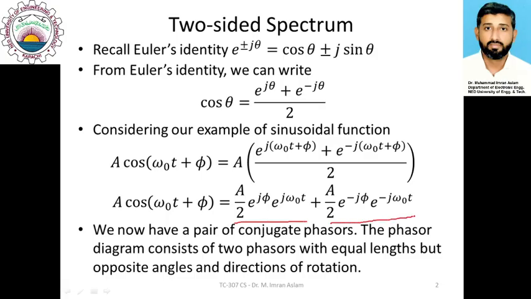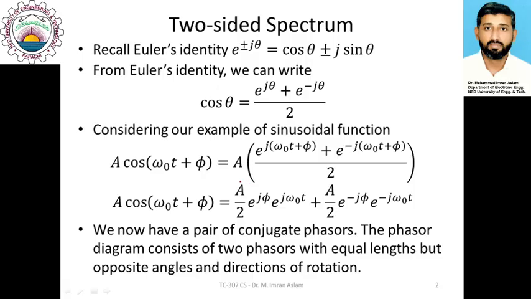The interesting thing is that they are conjugates of each other. The complex conjugate of a complex number is the same, except that the sign of the imaginary part gets reversed. So this is a complex number, and the other is the same complex number with a minus sign wherever j appears. So these two phasors are conjugates of each other.